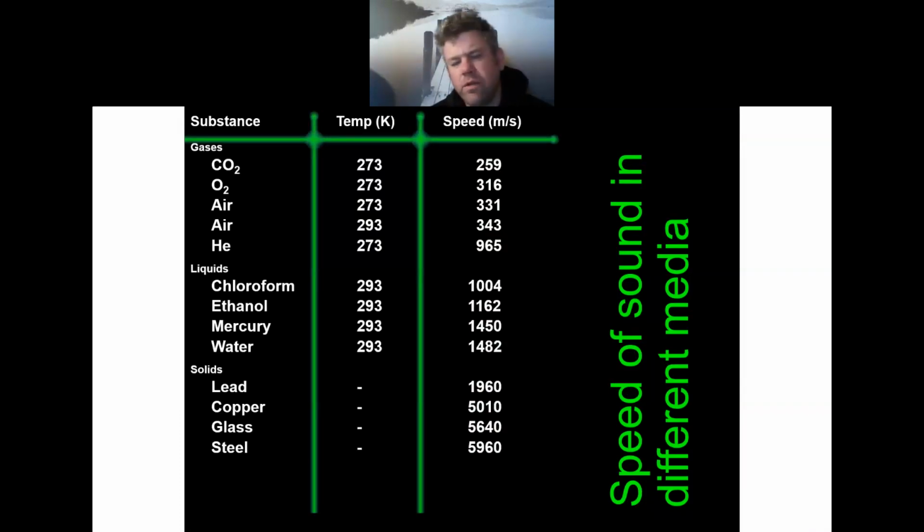Because we're talking about that speed of sound and how it is a compression wave, that allows us to see that if the molecules are closer, meaning like lead, copper, glass, steel, versus water, mercury, ethanol, chloroform, versus helium, air, and all that stuff, then the sound wave can travel significantly faster, right?